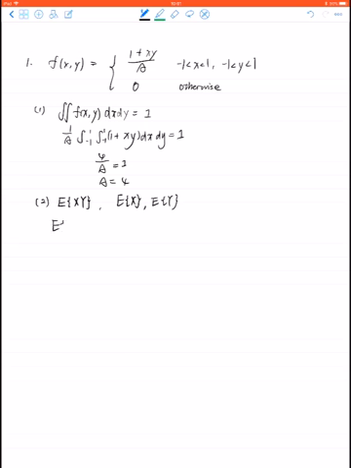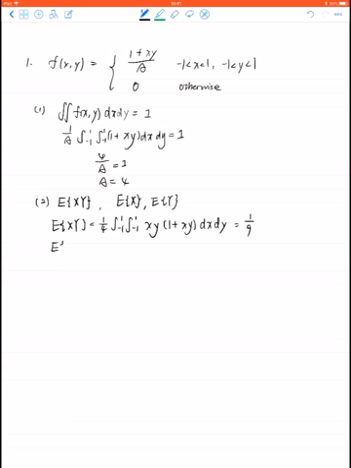So in this case, E[XY] actually equals 1 divided by 4 times the integral from -1 to 1, -1 to 1, of xy times (1 plus xy) dx dy. And the result is 1 divided by 9. And that's the expectation of X times Y.